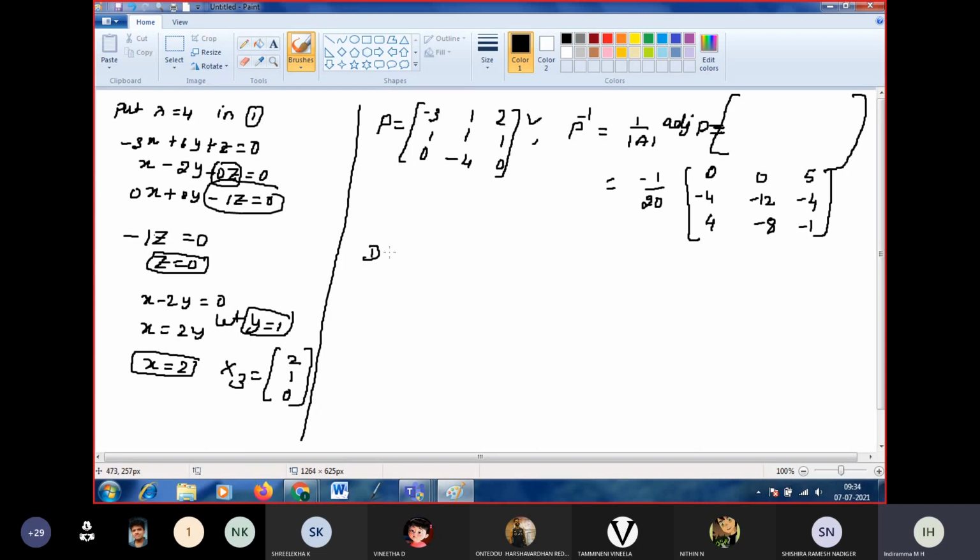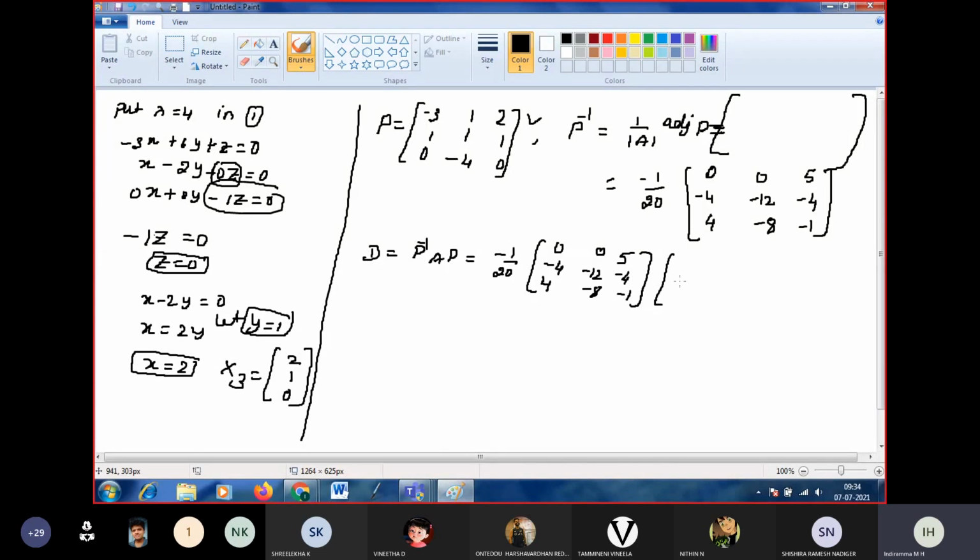Next, the diagonal matrix D is equal to P inverse AP. So P inverse is -1 by 20 into 0, 0, 5, -4, -12, -4, next 4, -8, -1. This is P inverse A. What is the given matrix A?